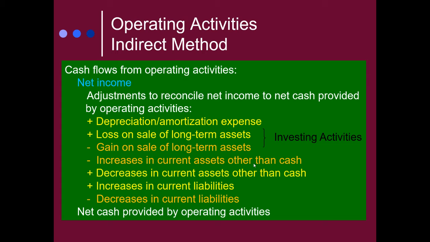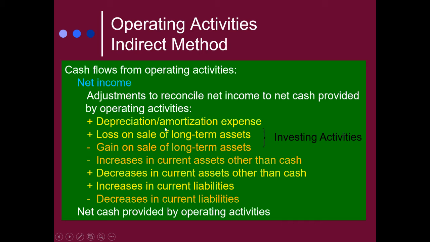If there is an increase in current liability, you should add the amount, because the current asset and current liability have the opposite effect, so the opposite sign. So it is better for you, when you do the indirect method, to memorize the format.